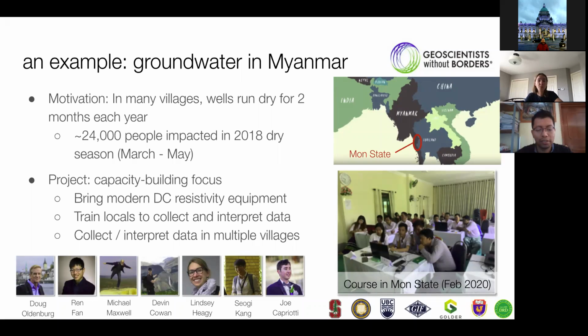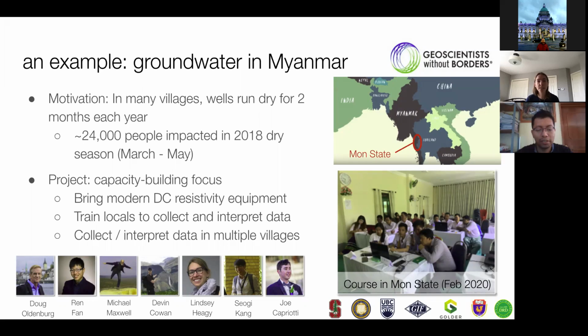We have been working together on a Geoscientists Without Borders project. This is a nonprofit arm that funds humanitarian projects, and it's facilitated through the Society of Exploration Geophysics. We got some support to run some training and provide equipment, and also work with locals to actually collect and interpret data in multiple villages to try and find groundwater in some of these villages that are water stressed.